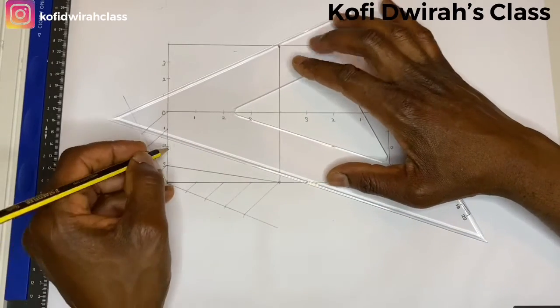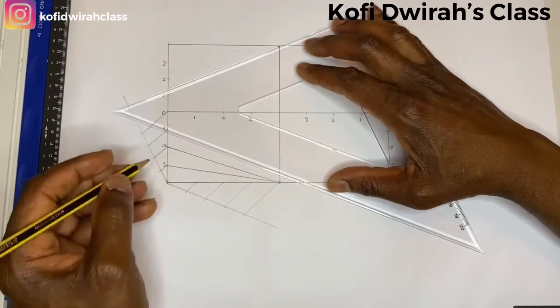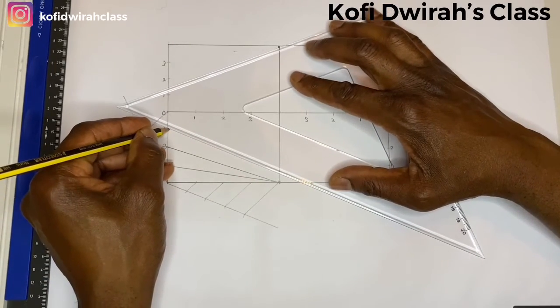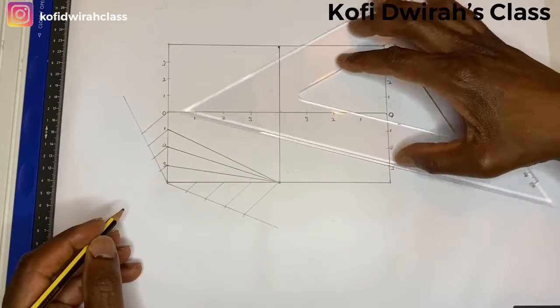You draw a line like this, then from 2 to the same point, you draw a line, then from 1 to the same point, you draw another line.